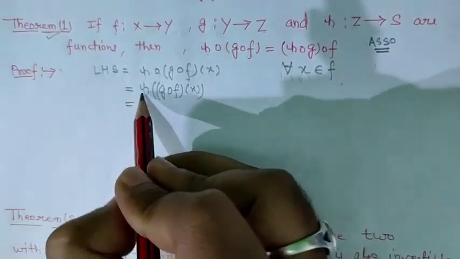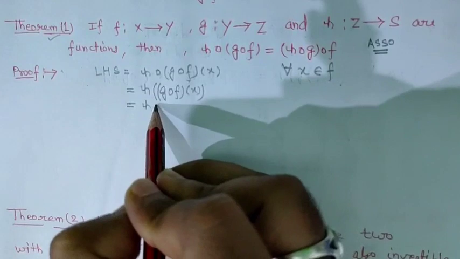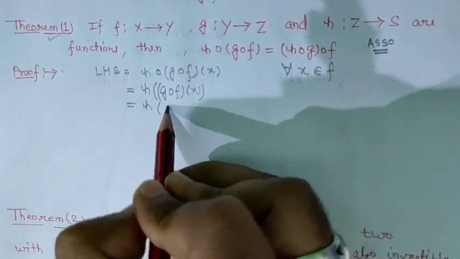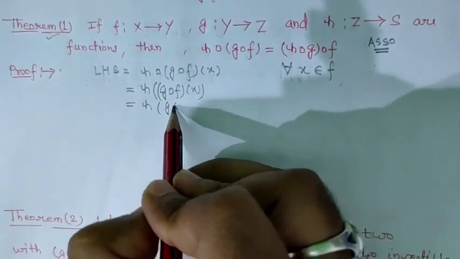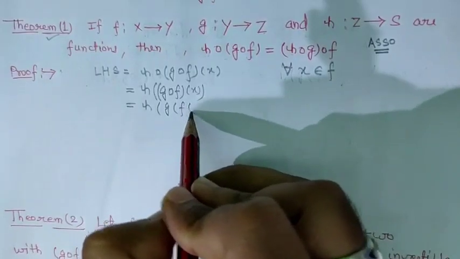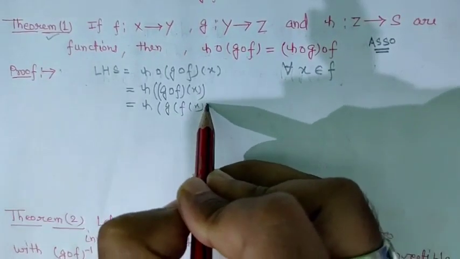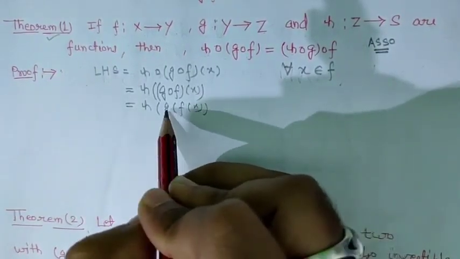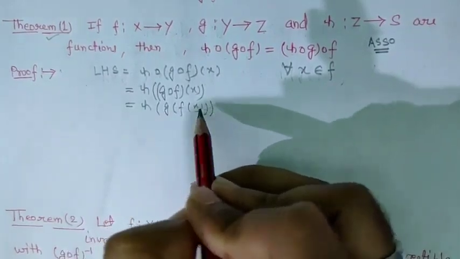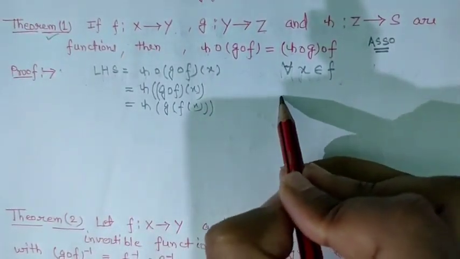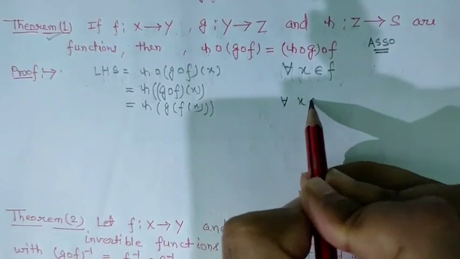Like we can see here, h(g(f(x))). Now first of all f will be applied, then g, and then h. This is happening for all x belonging to X.